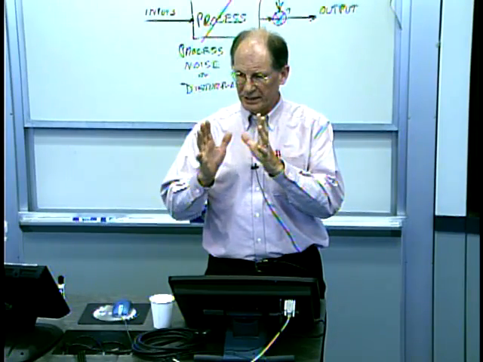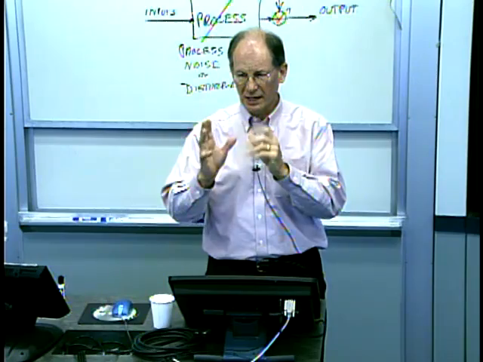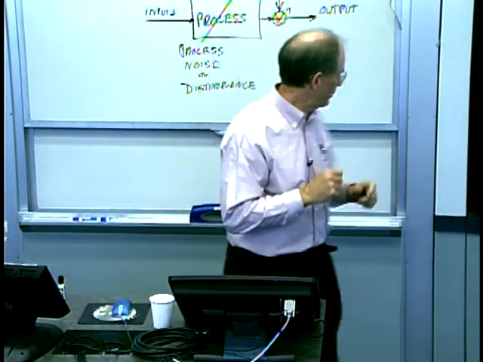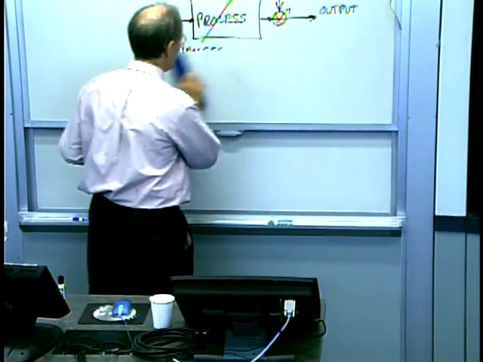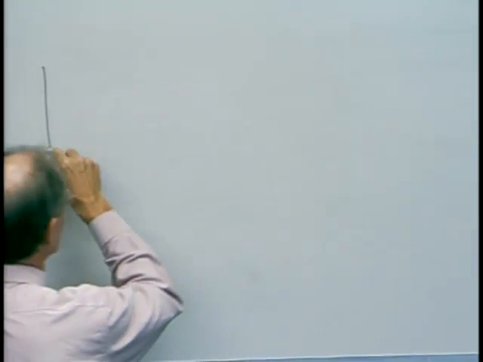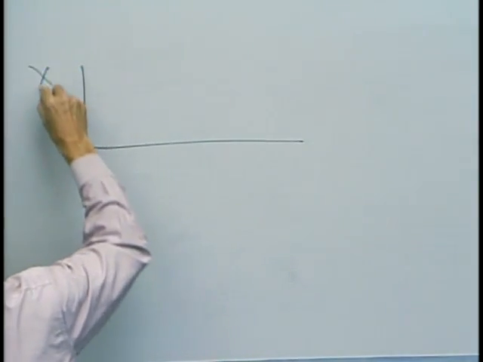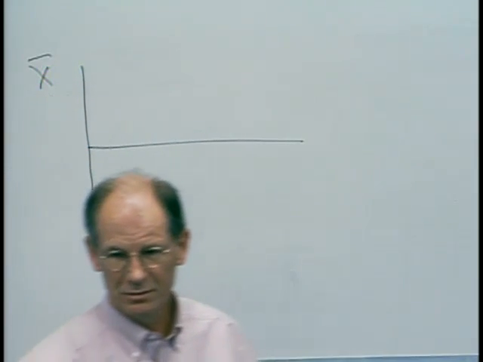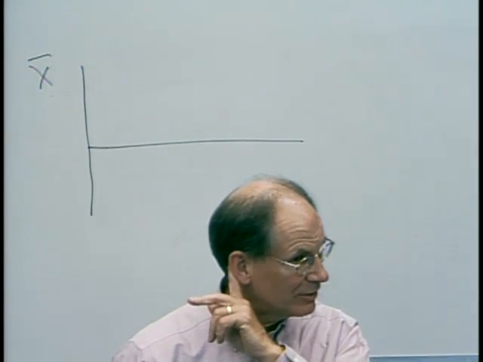But the basic approach here is not to take each measurement and put it on a plot, but instead to take groups of measurements and plot the average of those, the simple arithmetic average of them.